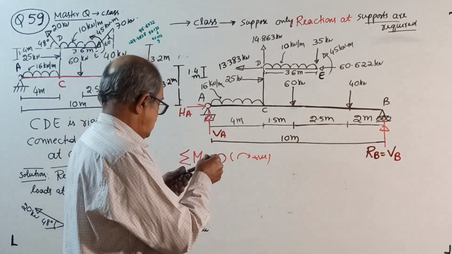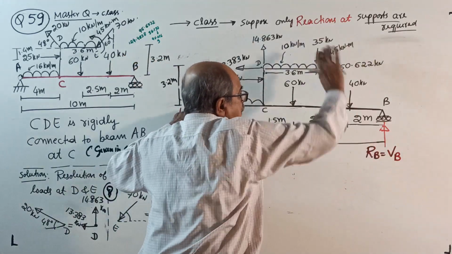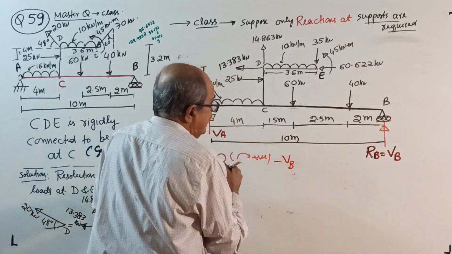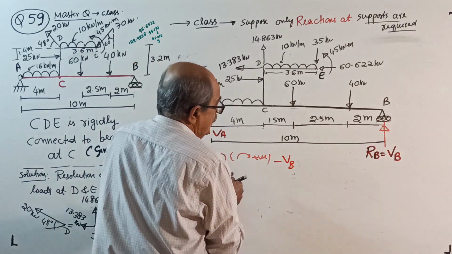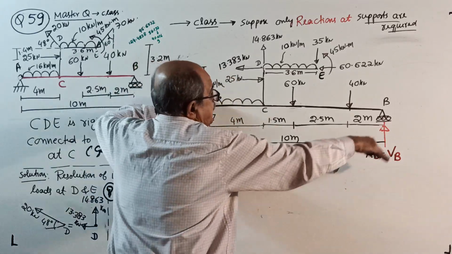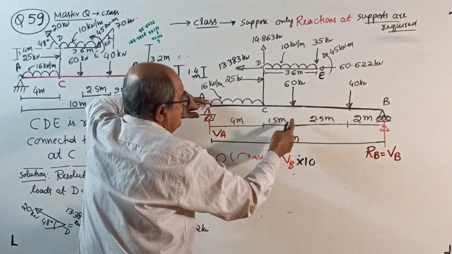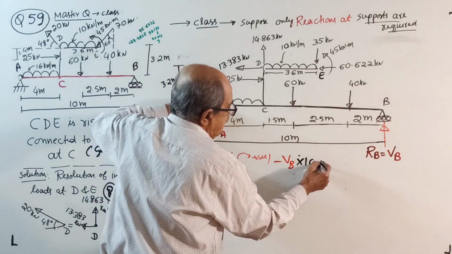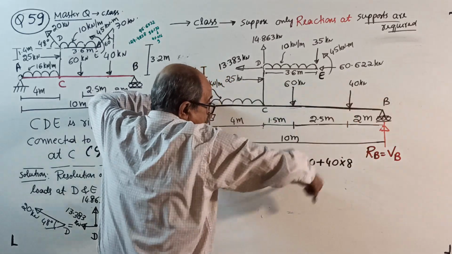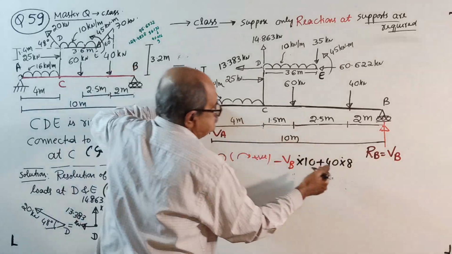So start in order: moment about A, minus VB into 10. VB is an unknown force, VB or RB, anything, into 10. That is anti-clockwise. Plus 40 into 2.5 plus 1.5 plus 4, which is 8. Plus 40 into 8, plus because clockwise. Plus 60 into 5.5.